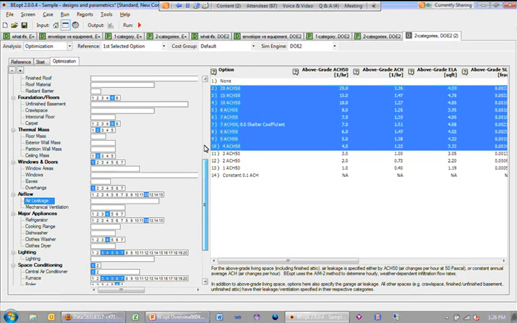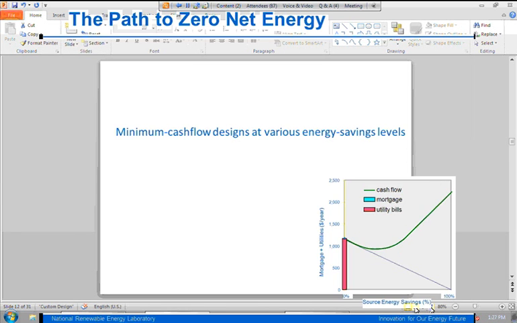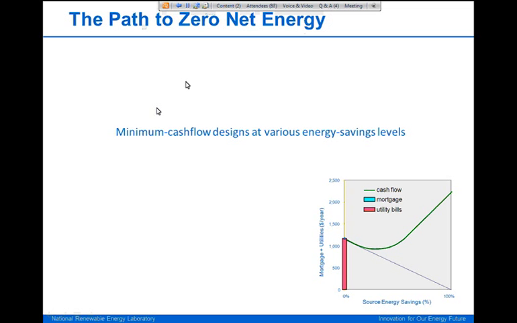So now I'm going to go to just a little bit of background information on optimization. We refer to the upper left graph that Scott was showing and that we're going to see more of on the BOPT output screen. It is in a format where we are looking to find cost optimal or minimum cash flow designs between the base case and zero energy.